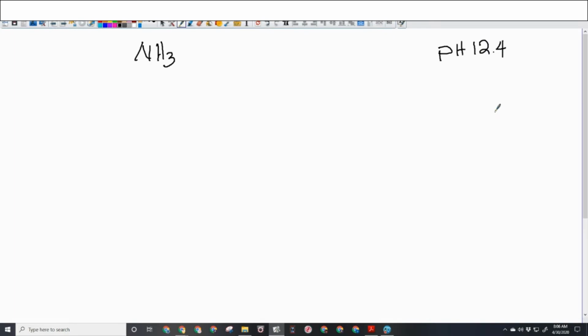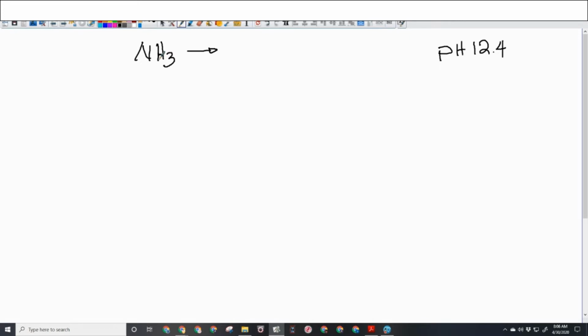All right, so let's start here with the equation. NH3, we should be able to recognize as one of the examples that is used a lot of the time for bases. Remember that these Bronsted-Lowry bases accept protons.